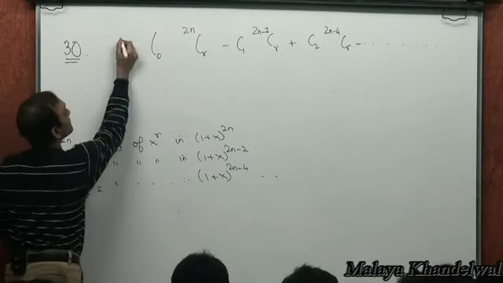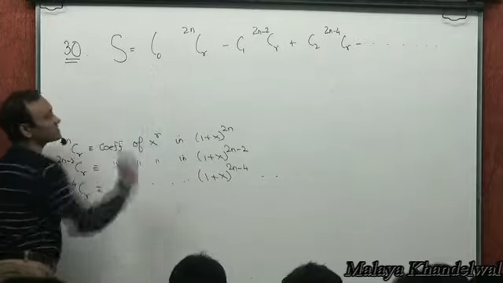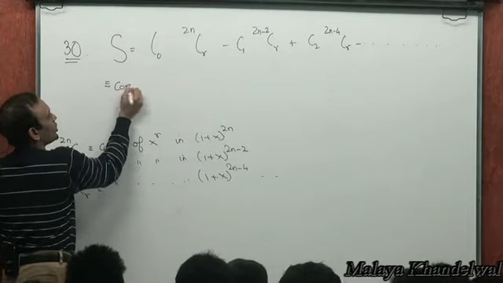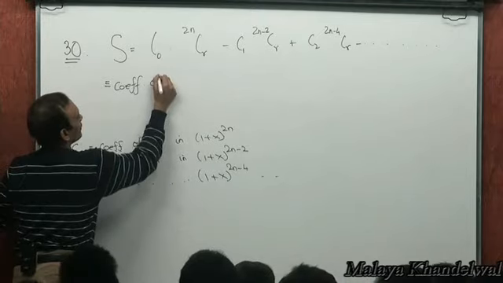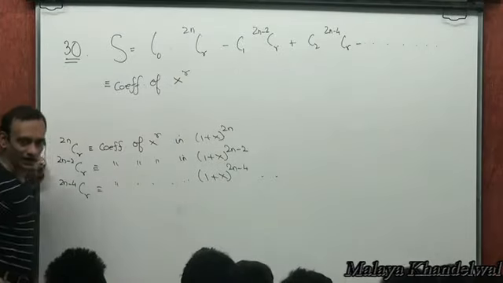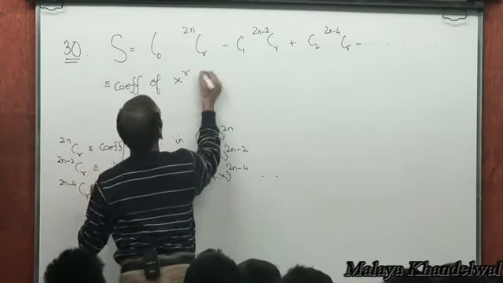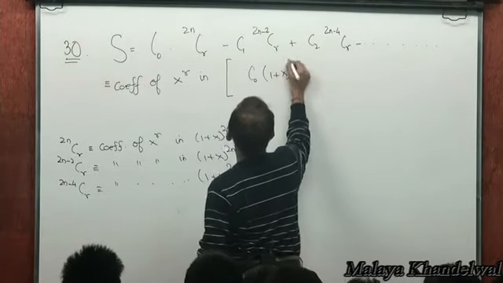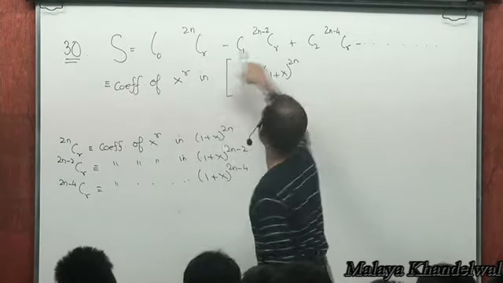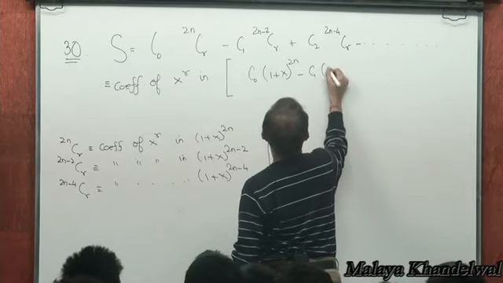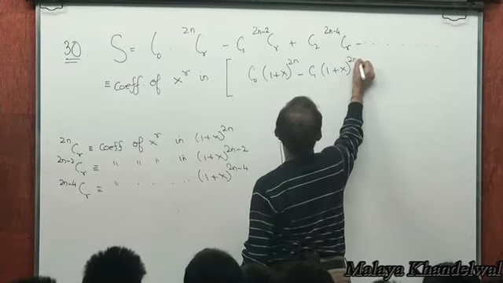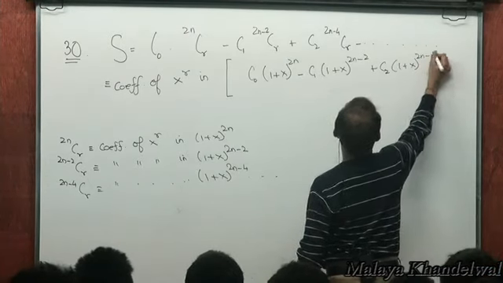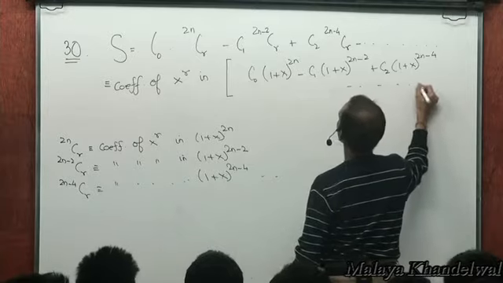That means this entire sum S could have been looked upon as the coefficient of x power r in C0 (1 plus x) power 2n minus C1 (1 plus x) power 2n minus 2, plus C2 (1 plus x) power 2n minus 4, and so on and so forth.